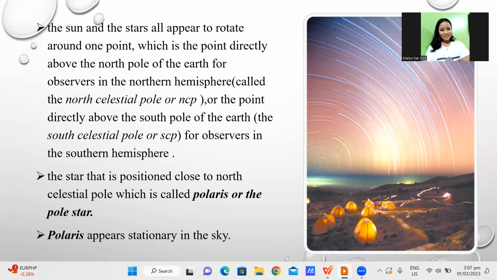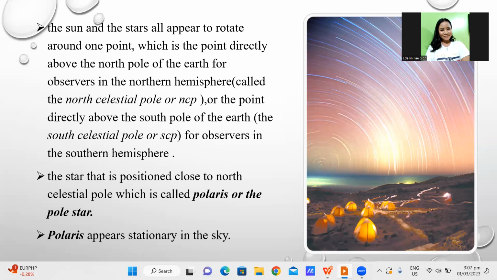So, this illustration or image is an example shot by astronomers using astronomical imaging. Yun yung ginamit para makuha yung image na ito. So, the star that is positioned close to the North Celestial Pole is called Polaris or the pole star.